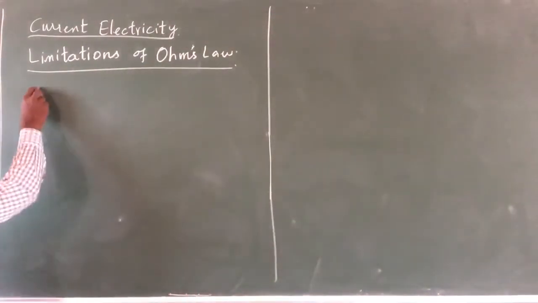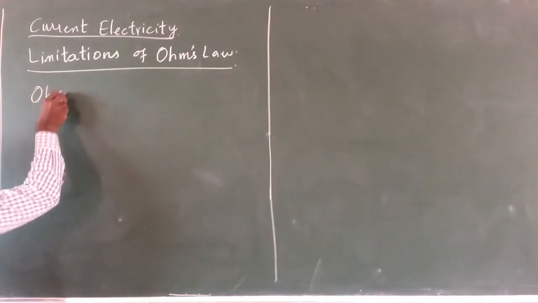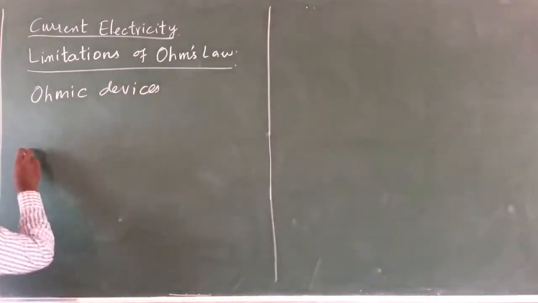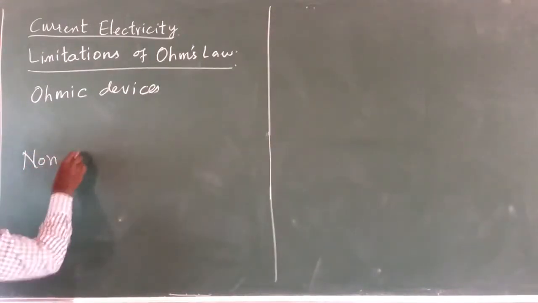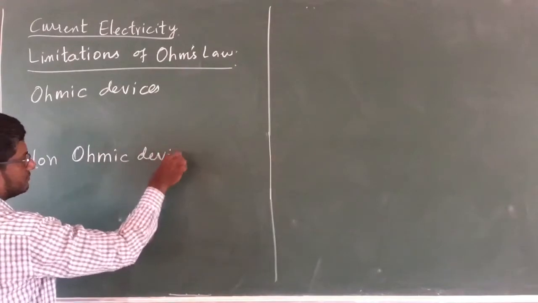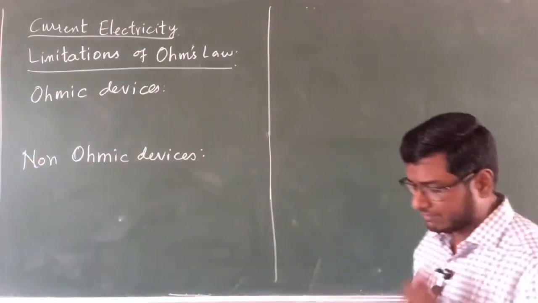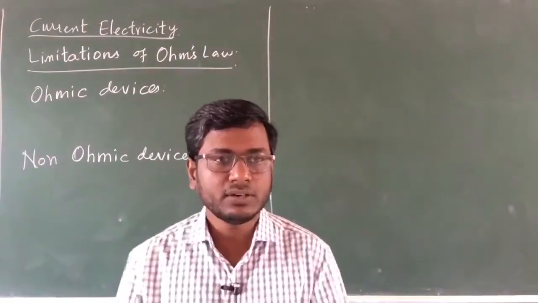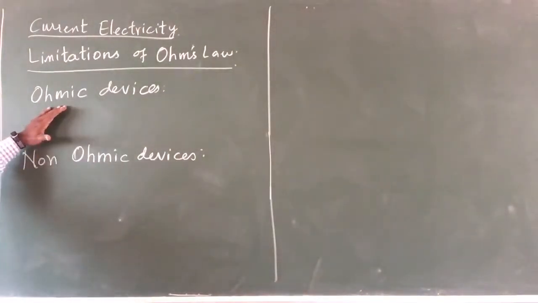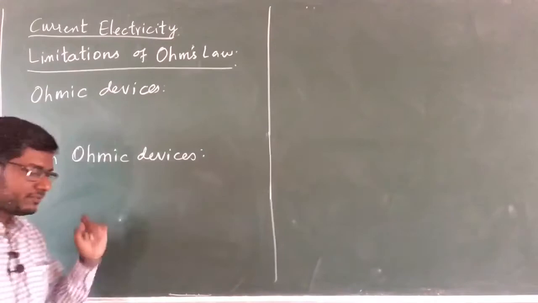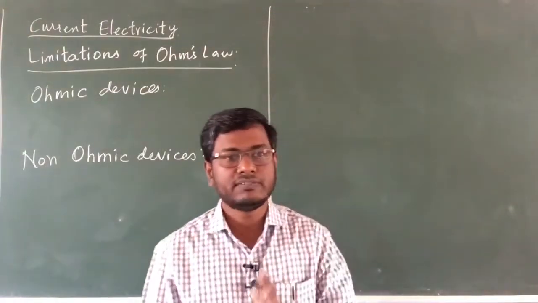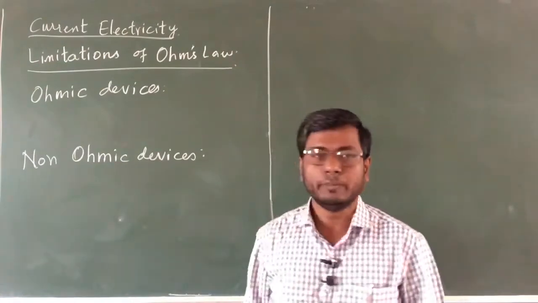That is, first, ohmic devices and non-ohmic devices. Any device, if it obeys Ohm's law, will be called an ohmic device, and if it does not obey Ohm's law, it will be called a non-ohmic device.